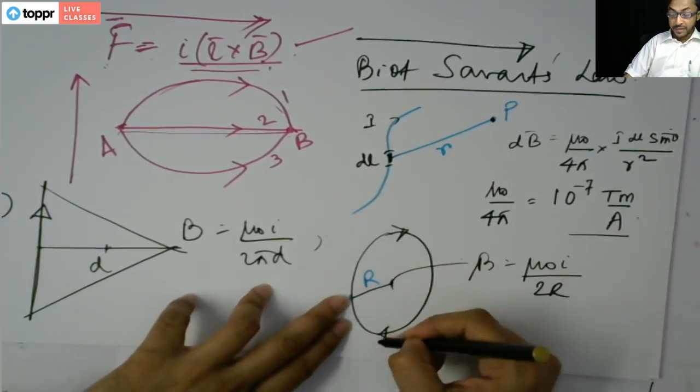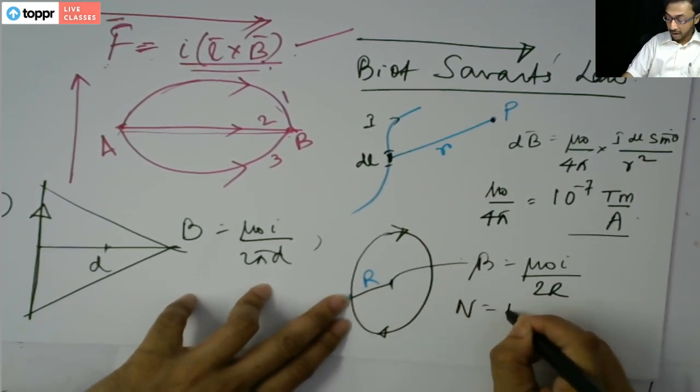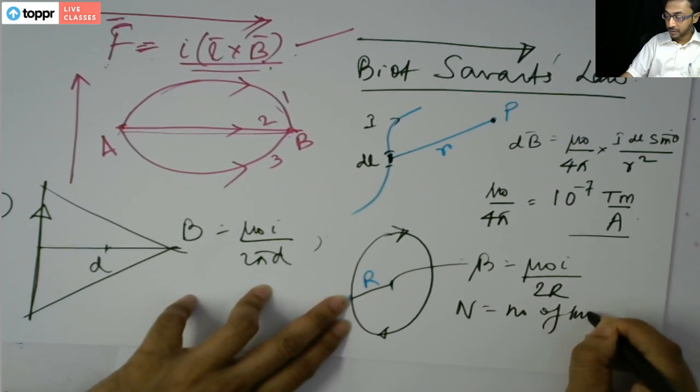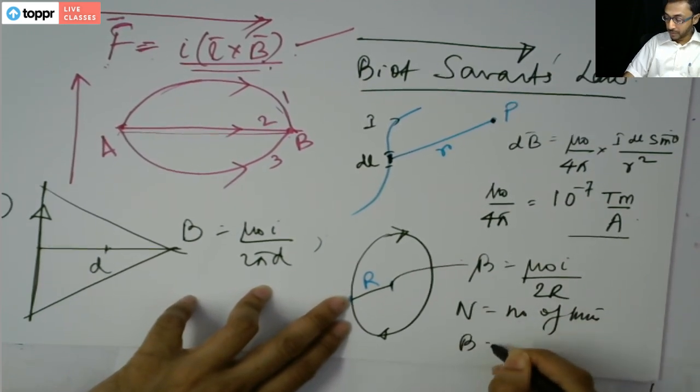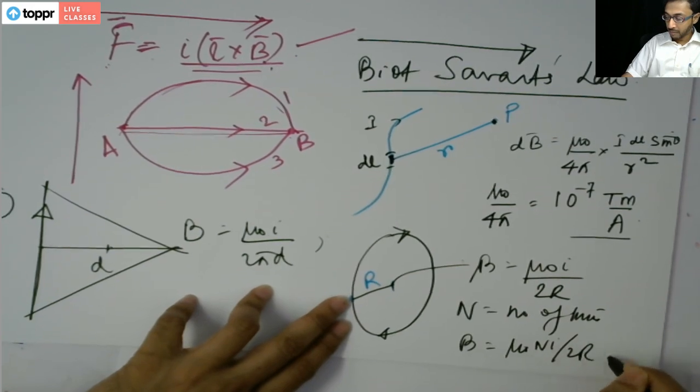Now, if this circular coil has n number of turns, B will be mu0 n I by 2r.